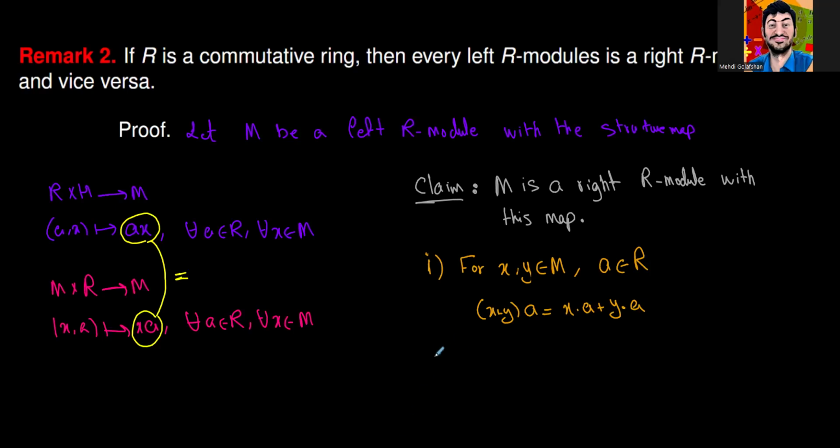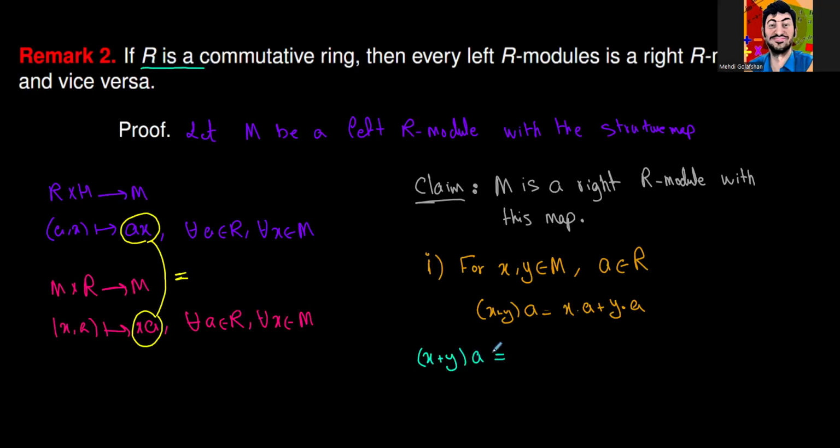Let's suppose we have (x plus y) times a. We know that our ring is commutative, and x plus y and a, both of them are in the ring.